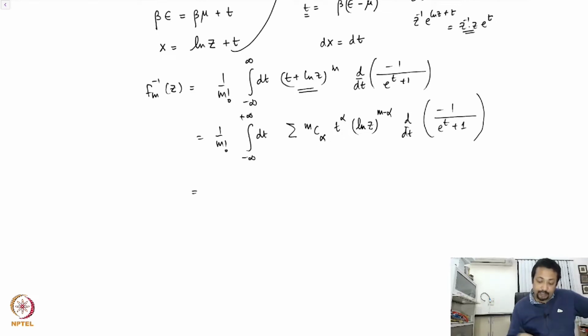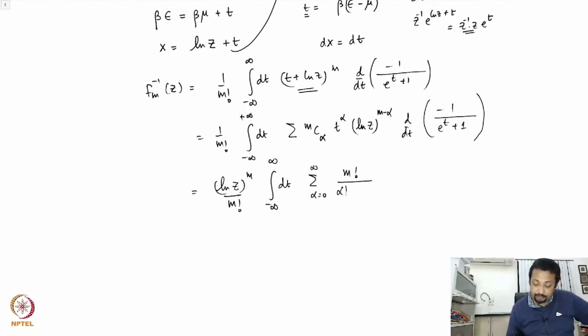So that I can take ln z raised to the power m divided by m factorial outside, and integral minus infinity to plus infinity dt, sum over alpha equal to 0 to infinity. I will have m factorial over alpha factorial (m minus alpha) factorial, ln z raised to the power minus alpha, and then I'm going to have d dt of minus 1 over e to the power t plus 1.